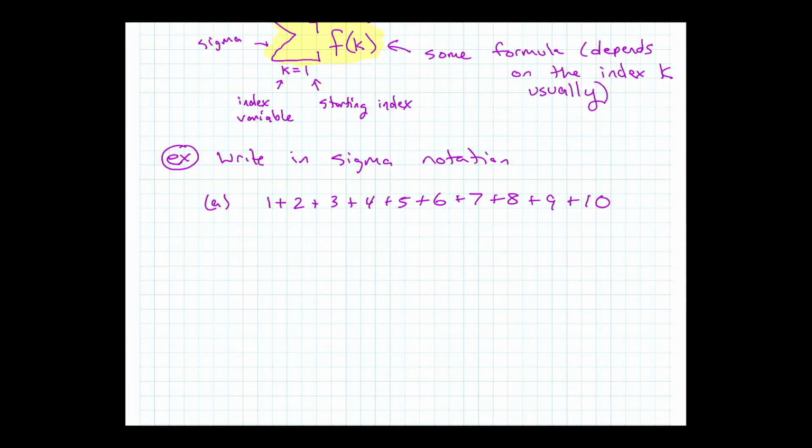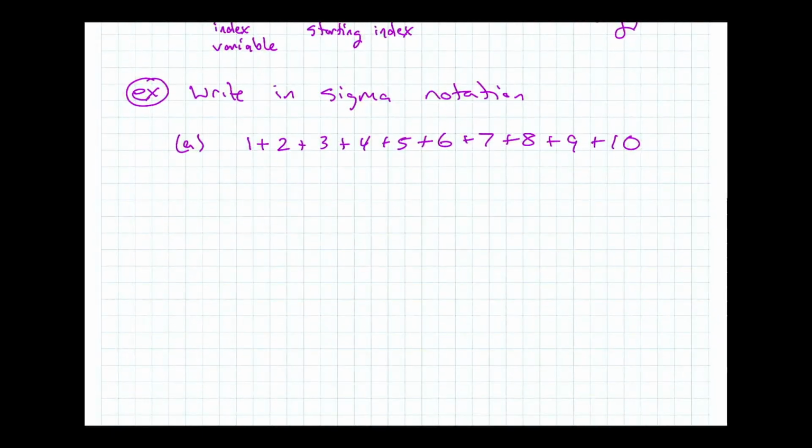The easiest way to write this is to write a sigma there. We need an index variable, like k. What should k start at? What number is changing as we move from this side to this side? It goes 1, 2, 3, 4, 5, 6, 7, 8, 9, 10. The number that's changing is just the number, there's only one.